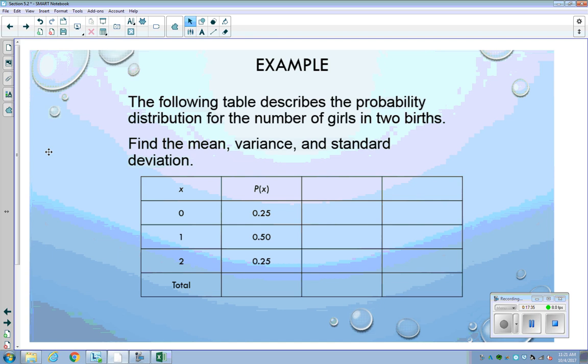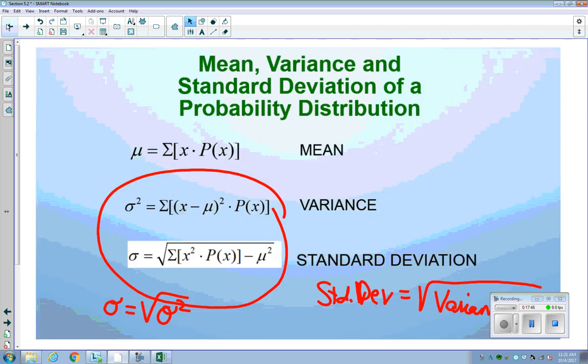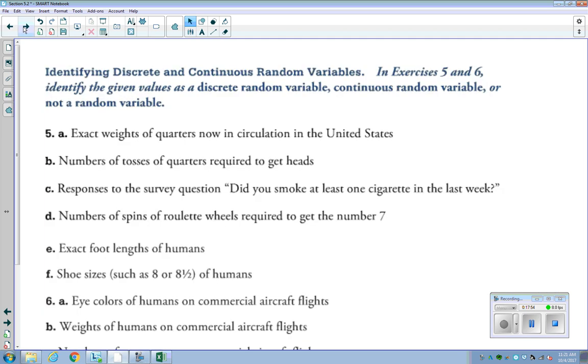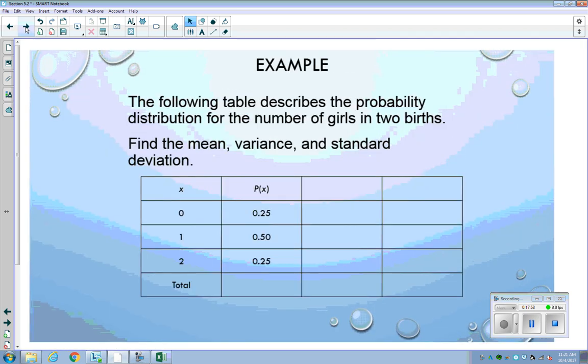Find the mean, the variance, and the standard deviation. And if we go back a few slides, we could, in fact, use all of those formulas. So, let's go forward, bring that up, and bring your calculators out.